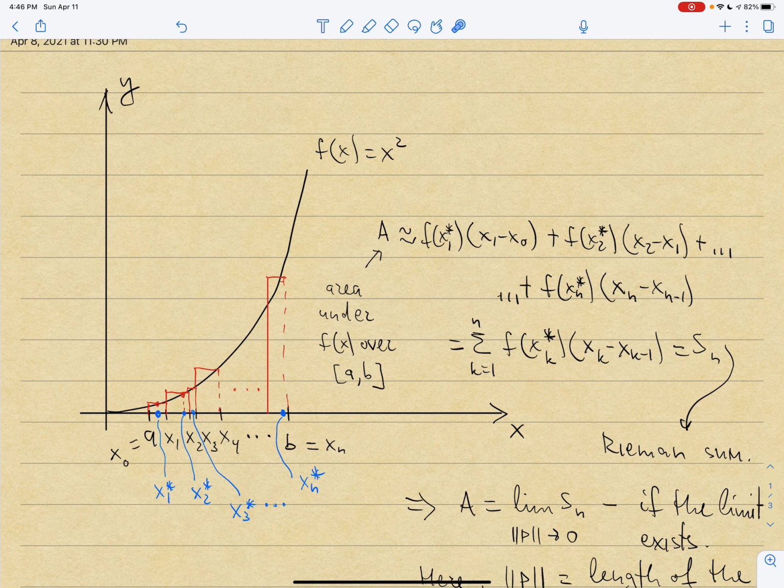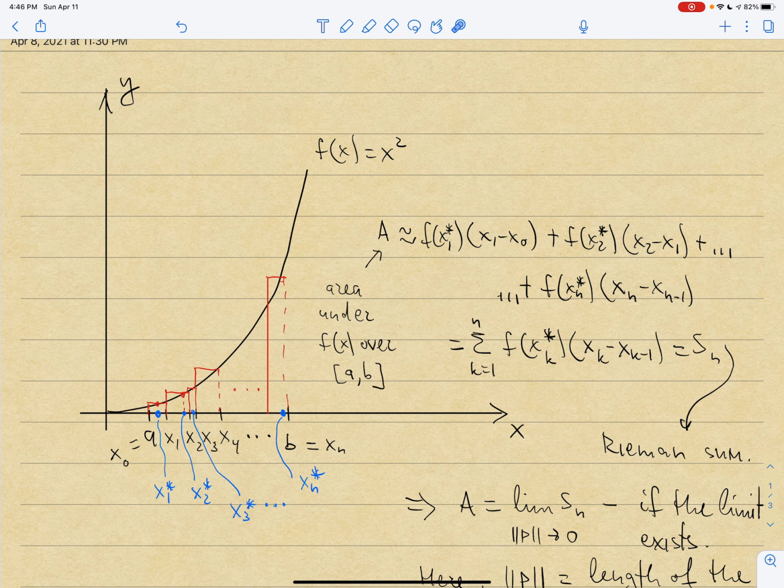And a third issue: when I'm trying to take a limit as the lengths of all subintervals go to 0 at the same time, it's not really clear what I mean by this limit, because it's not a limit of a sequence per se, and it's not a limit of a function. So we have not discussed limits in this sense at all.